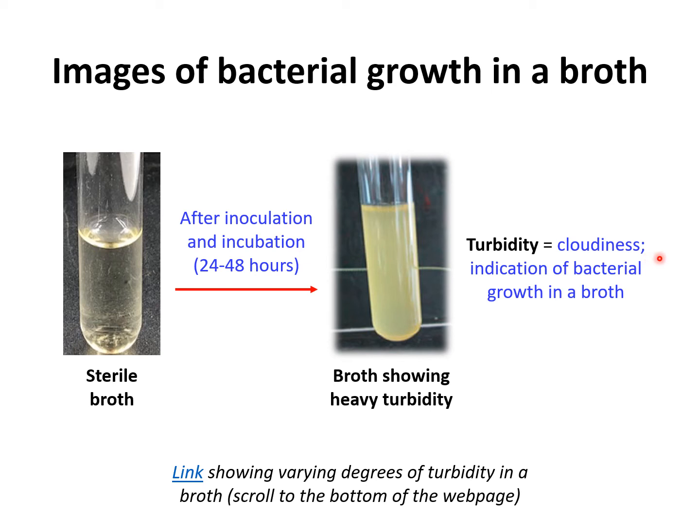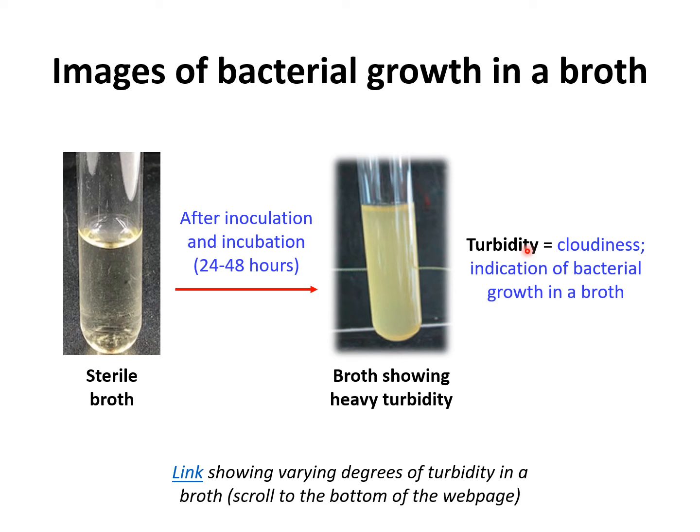Now, the degree of the turbidity can vary depending on how much bacteria is growing in your broth. So if the turbidity level is low, that kind of tells you that, okay, you do have bacteria growth, but not a whole lot, so it's low growth. If the turbidity is medium or moderate, that means you do have more bacteria growing.